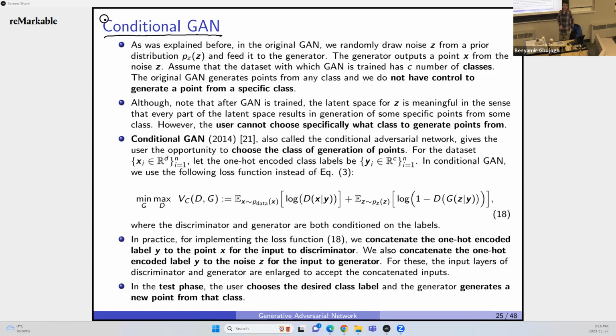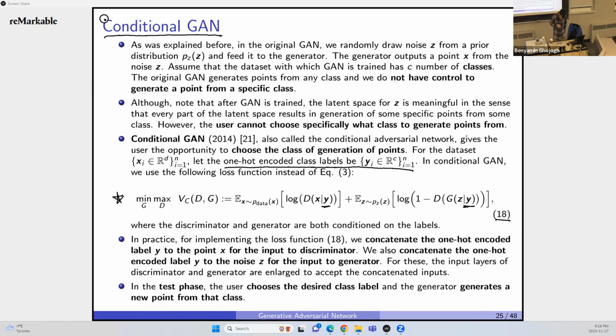What does it do? It has changed its loss to equation 18. How is it different? It's conditioned on Y. Y is a label. Let it be one hot encoded class labels, where C is the number of classes. Okay? Did you understand? You know one hot encoding, right?